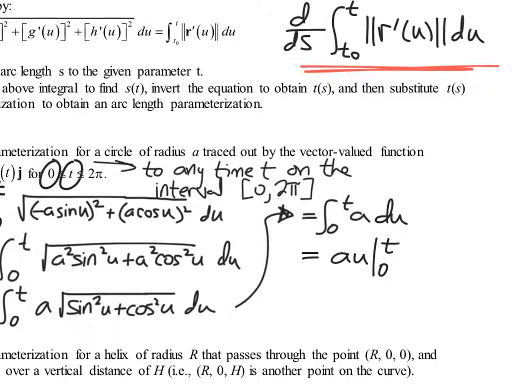Now this whole thing is equal to s of t, but I could just write it as s. My substitution using the fundamental theorem, now this would be fundamental theorem part 1, would be s equals at. So we have a relationship between s and t with some constant multiple a.